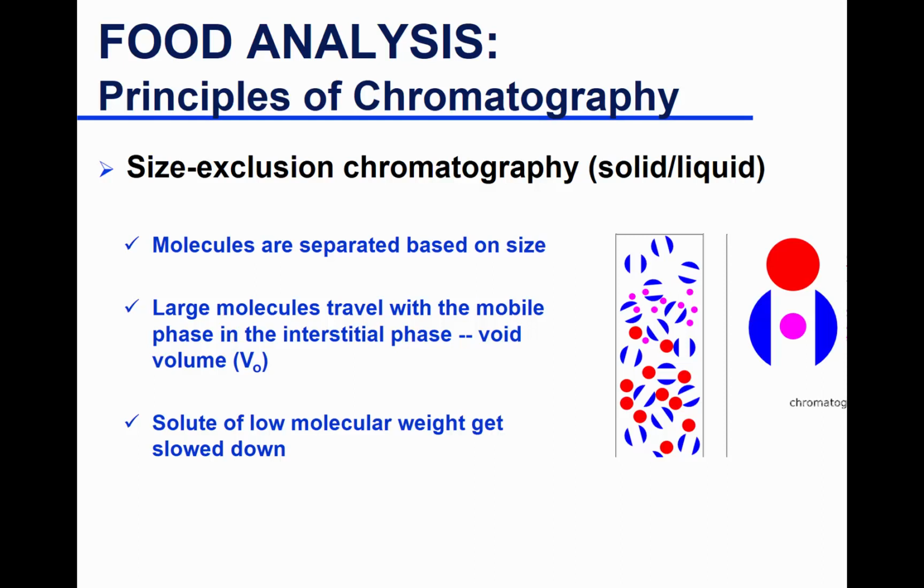Or molecular exchange chromatography, that means it's exchanging based on molecular size. In this chromatography, there is no chemical interaction. It's basically physical, based on size. So the molecules separate based on how big they are.